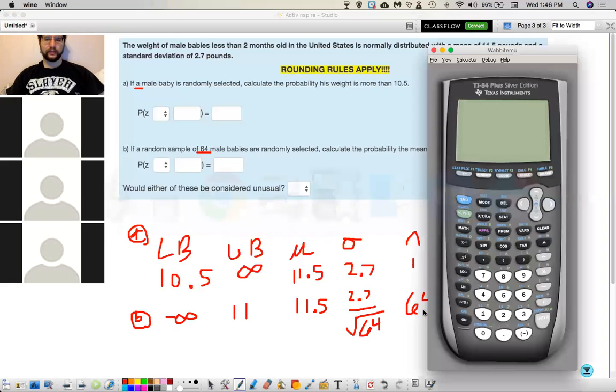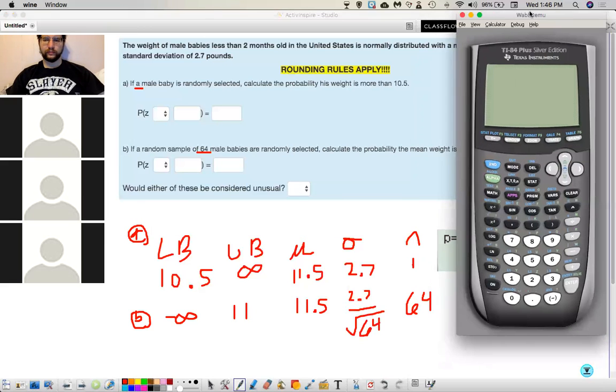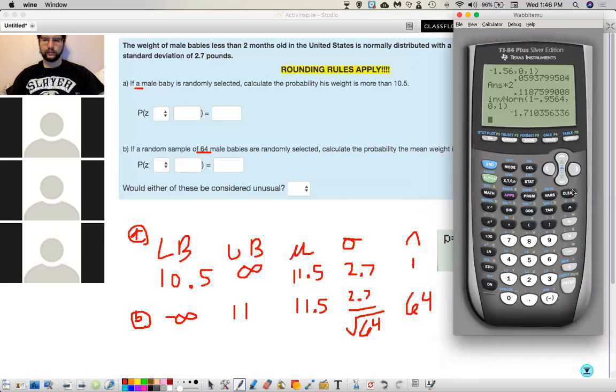I'll do this one on the TI. Normal CDF. It's going to look like this for you with this being blank.